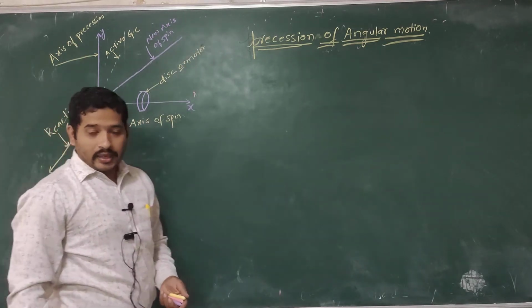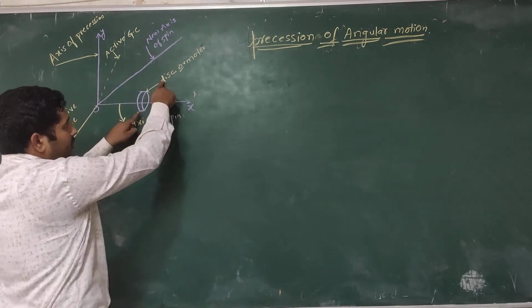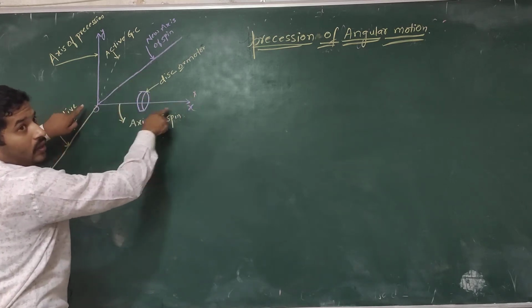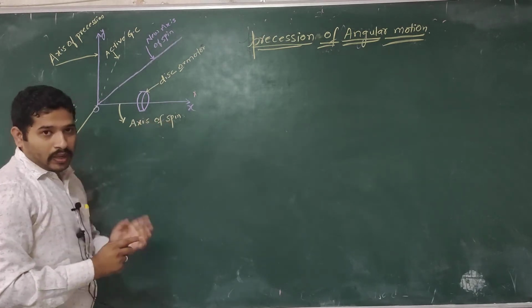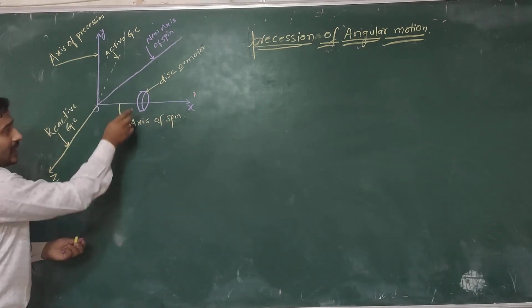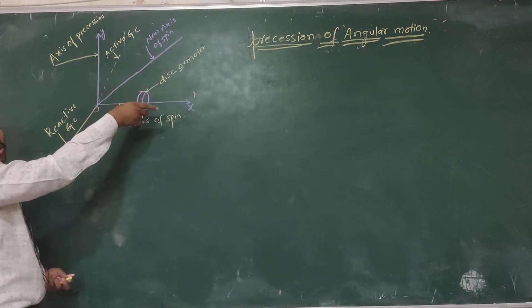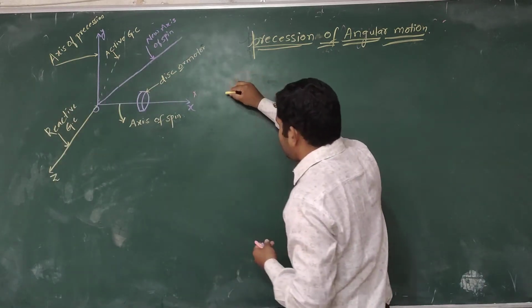Let us consider a disc is mounted on an axis. So what we can say here? Axis of spin. If this disc is rotated in anti-clockwise direction, how is it anti-clockwise? Let us see.